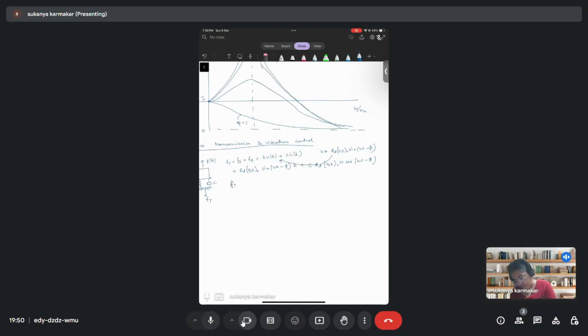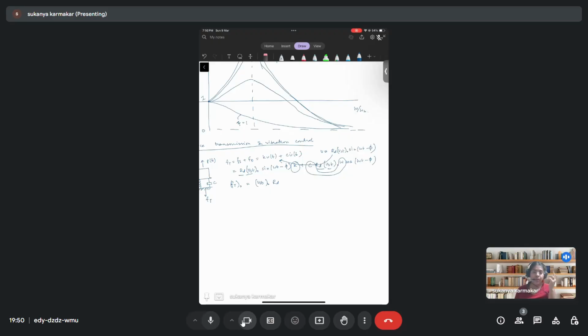Let that be f of t naught. This ust naught is common, rd is common, and we can remove it, and here the amplitude is k and here c into omega.